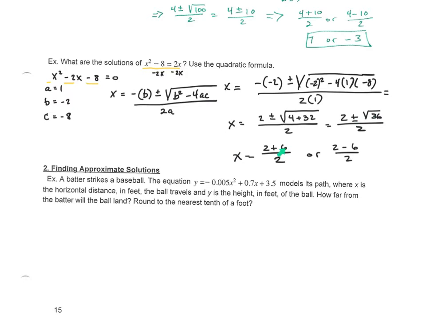So I just simplified that. Now when I simplify that more, this is 8 over 2, which is going to be x equals 4. Or this becomes negative 4 over 2, and x equals negative 2. Those are my two possible answers.